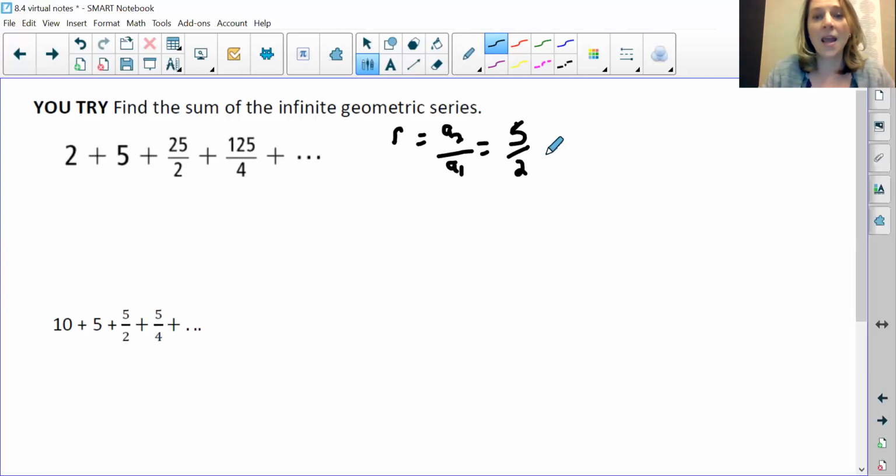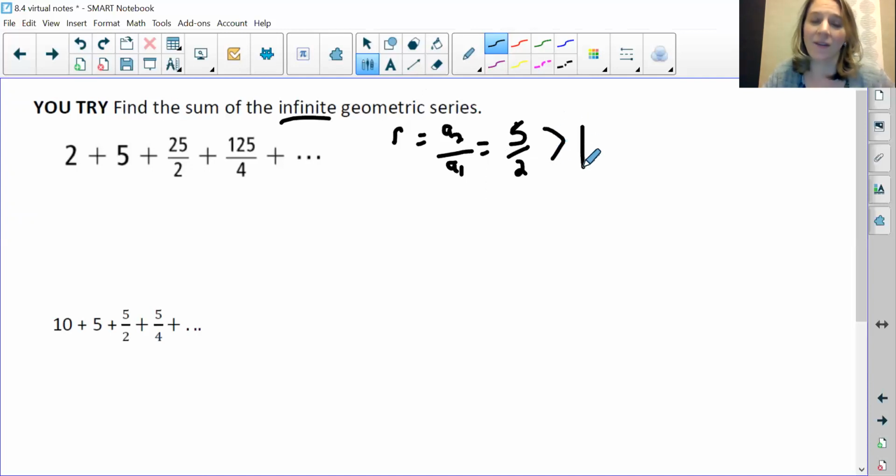So it does work. Now, I see the dot, dot, dot, so it actually is infinite. That means I see that it's geometric because I'm multiplying by the same ratio each time. It is infinite, but I can't use the infinite sum formula because this ratio is greater than 1.